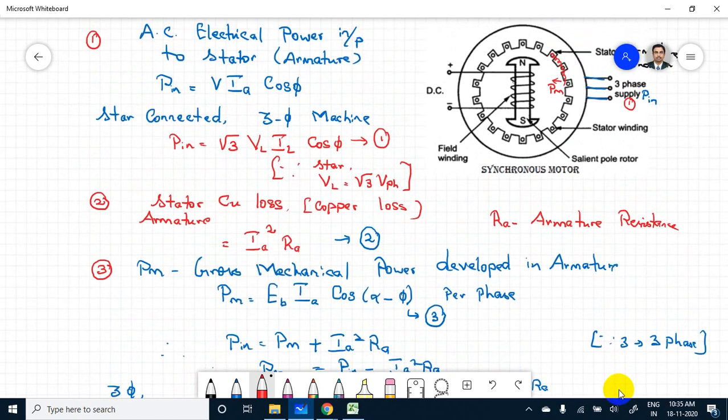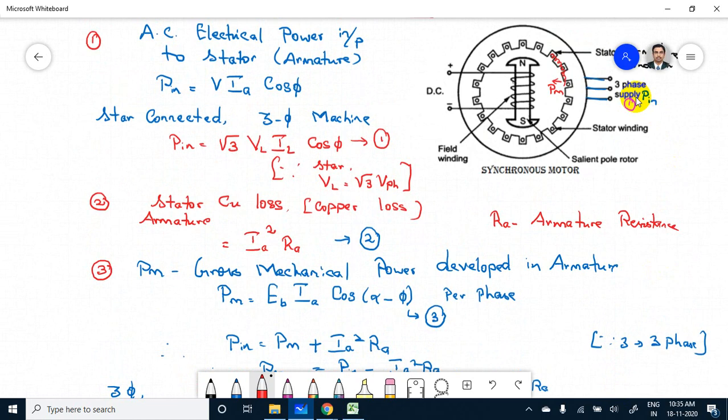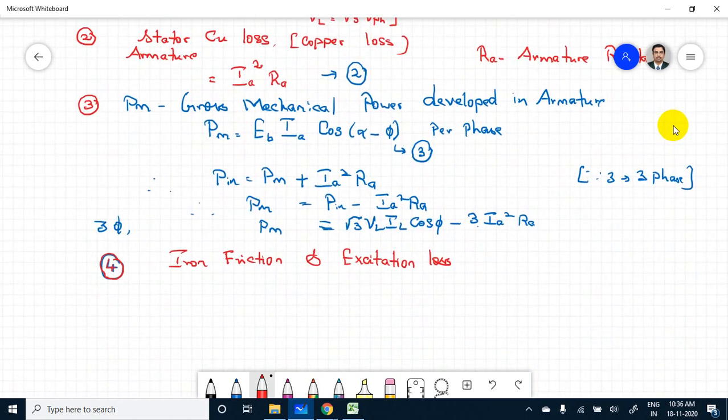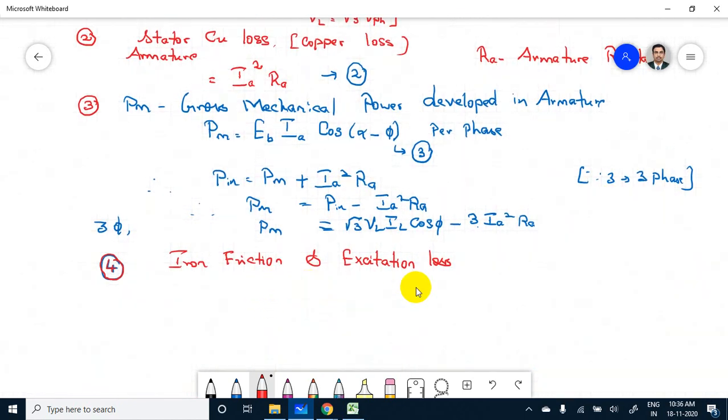Okay, P in, this is P in, second will be losses produced in the armature conductor. Third one is mechanical power. Fourth one will be losses. Losses means it is produced because of this excitation. Okay, here only the losses will be produced. What type of losses in field winding means it will be iron, friction and excitation losses.